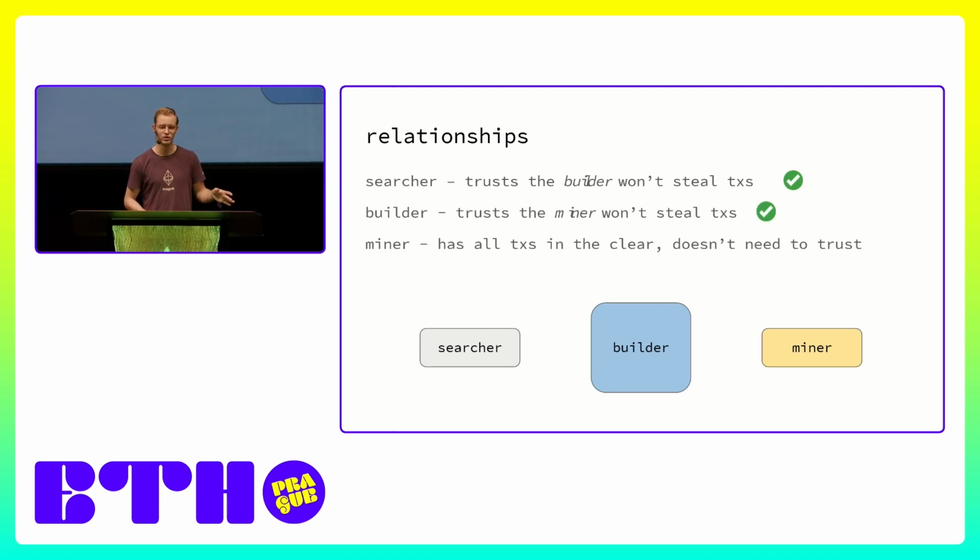For the builders, it's a little bit more difficult because they're actually sending their blocks to multiple miners. But we have this assumption that builders are much more sophisticated and much larger and have the ability to play iterated games with the miners to sort of deduce which miner might be stealing their MEV. So we can still say that this relationship is okay. And then miners receive everything in the clear. So they don't need to trust anyone, and we can just say that this is fine.